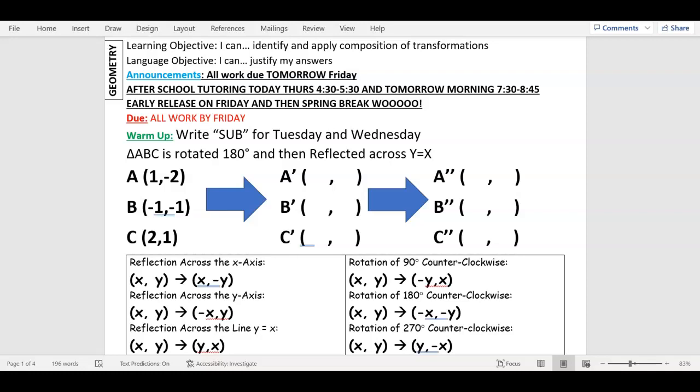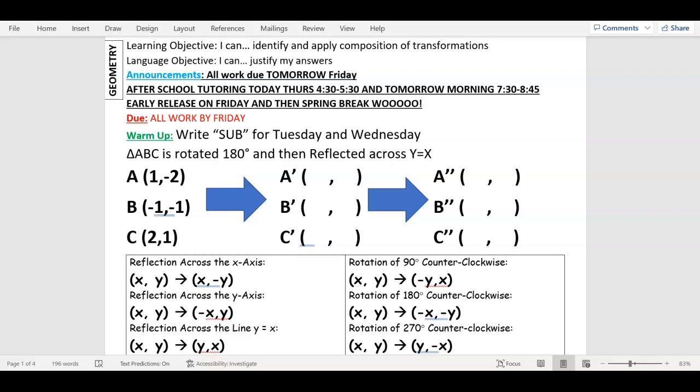So what happened to my points? If XY is now negative X, negative Y, what's the only change you see here? The negative. They're both changing their signs. I'll say that again. XY becomes negative X, negative Y means they both, X and Y, change their signs. So can you take these 3 points and just change both of their signs, right? So positive 1, negative 2 is going to become what? Negative 1, positive 2.